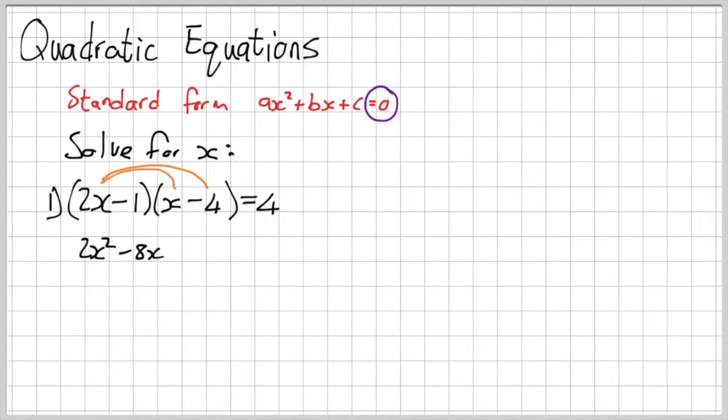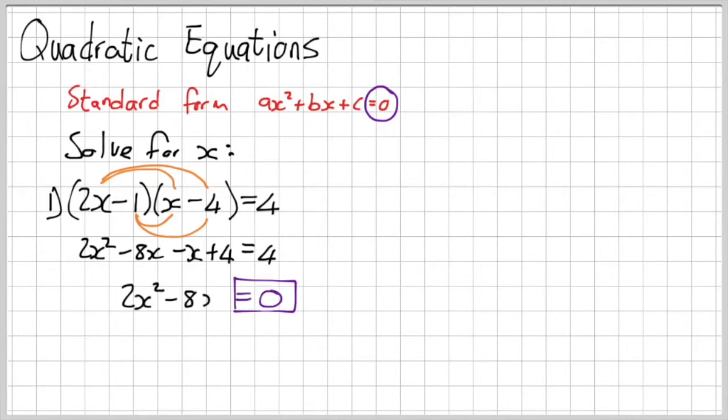But for me to get that, I actually need to multiply out. So let me continue multiplying out there. So very, very important. It's not equal to 0 yet. So I'm going to take everything to the left, and I'm left with 2x squared minus 8x.